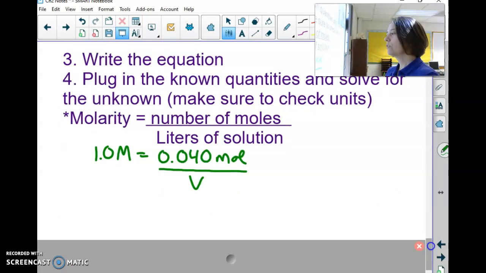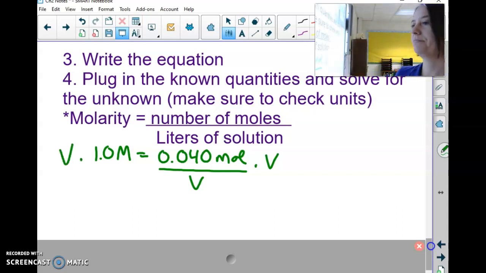Now, when we're solving for V, we can't just multiply these together because that'll give us the answer for 1 over V. Actually, it'll give us 0.04 squared over 1 over V, so that would be really not the answer we need. First thing we're going to do is take V on each side.